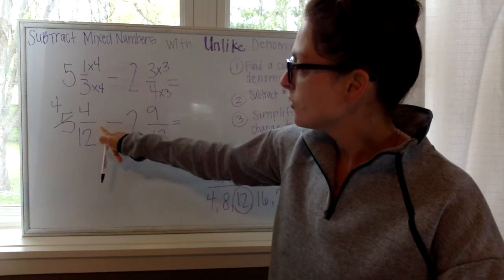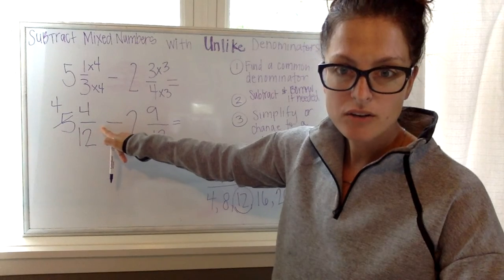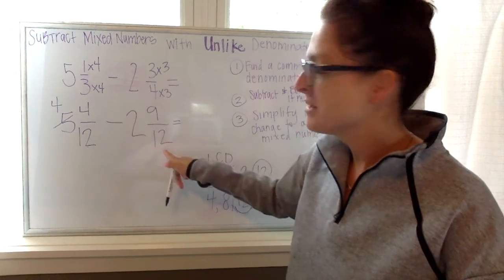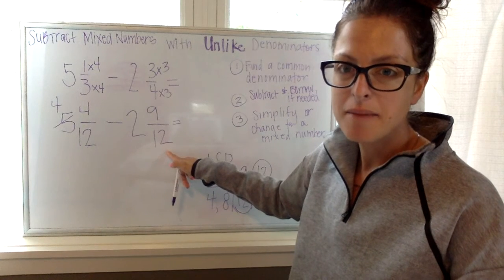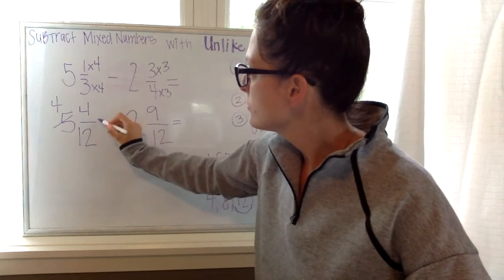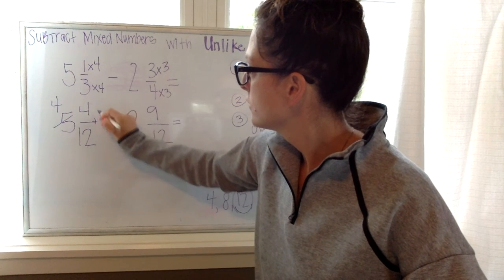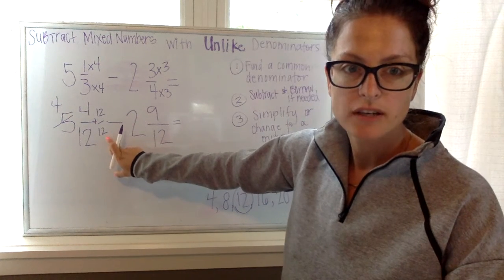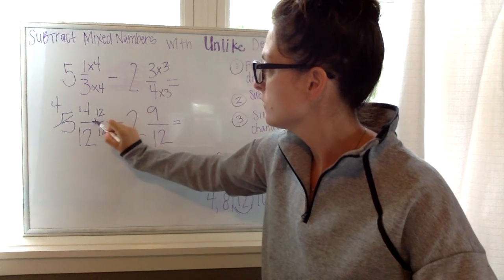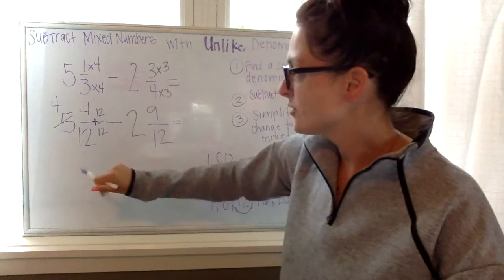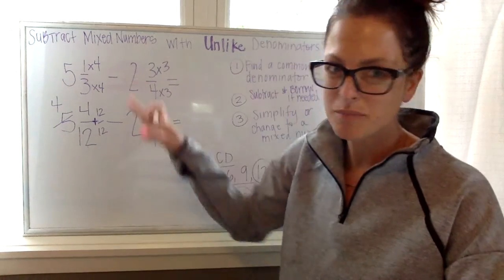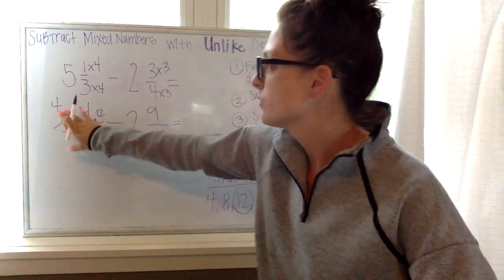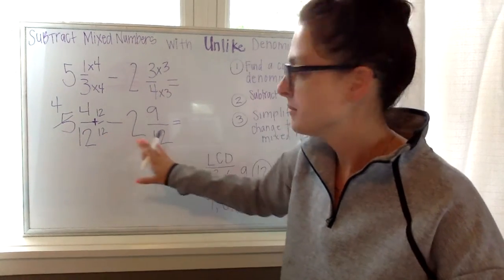And that 1 whole that I borrowed, since I already have a denominator of 12, I'm going to add 12 twelfths to this fraction right here. I don't add 4 twelfths or 4 fourths because I have 4 left. I add 12 twelfths because that's what my denominator is.